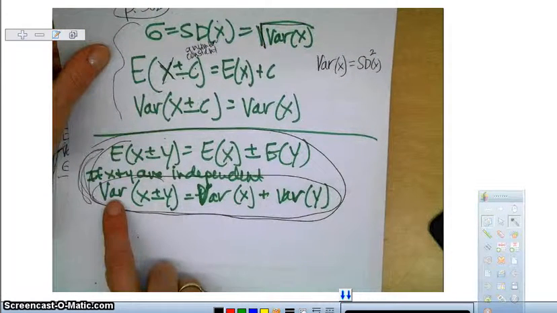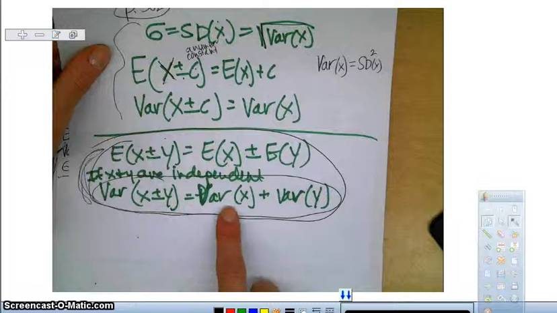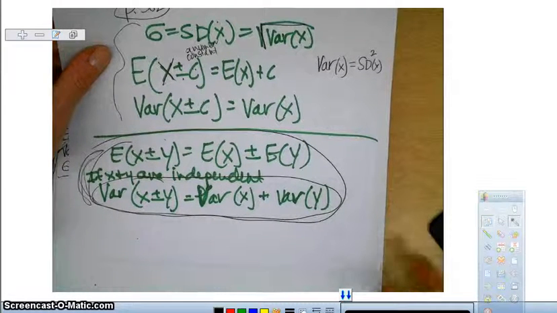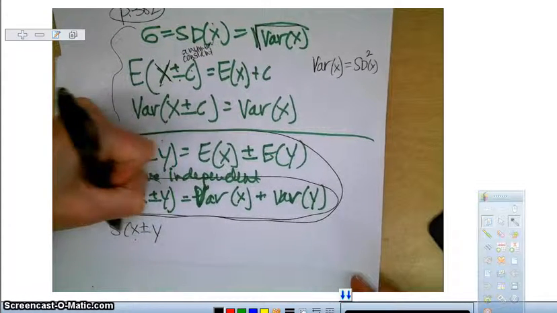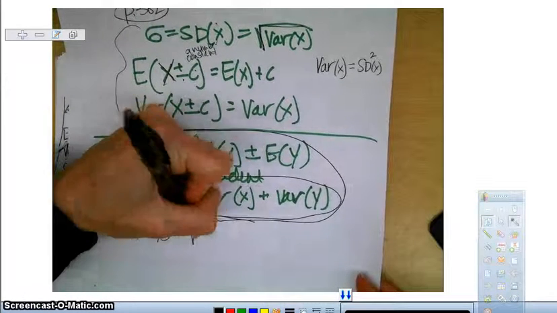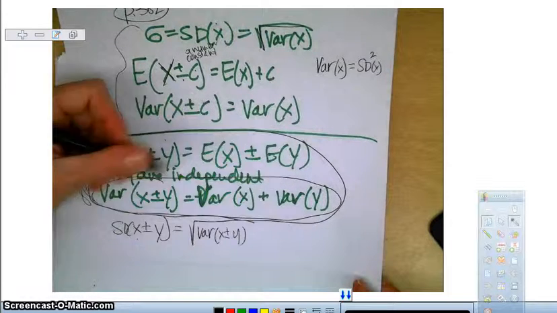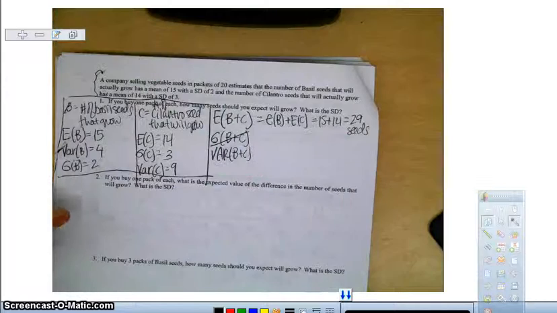The variance of x plus or minus y is always the variance of x plus the variance of y. And then if you want the standard deviation, you just take the square root of that. The standard deviation of x plus y is the square root of the variance of x plus or minus y. So you do this formula, then you take the square root of it. It's that simple. That's how you get standard deviation.